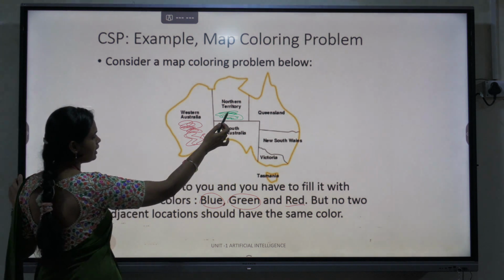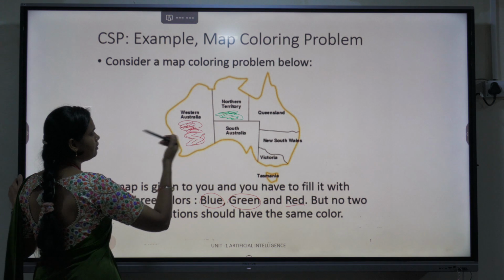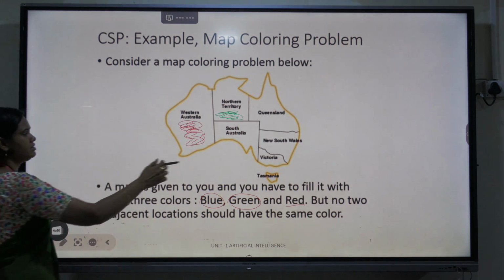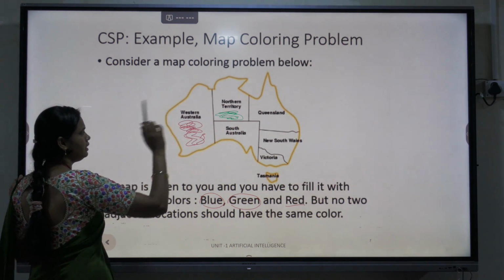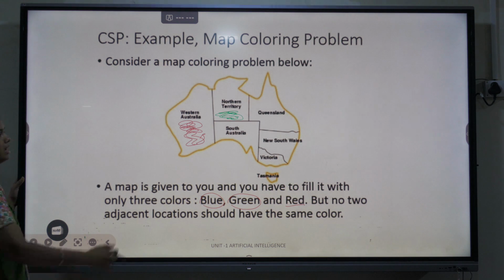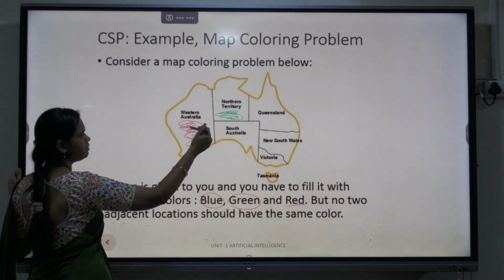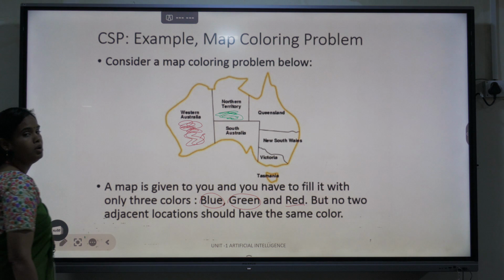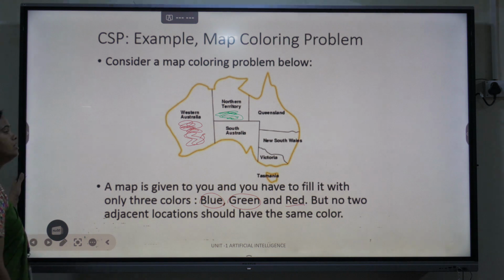I can't fill it with green and I can't fill it with red, because it is adjacent to Northern Territory and Western Australia. I can't use the same color, because it will violate the constraint. So I have to stick with the constraint to derive the possible solution. That is your constraint satisfaction problem.